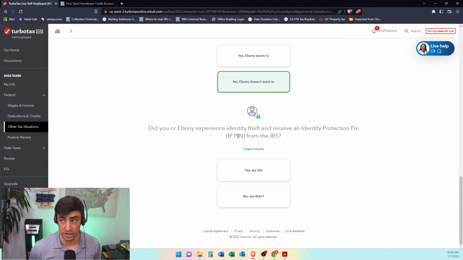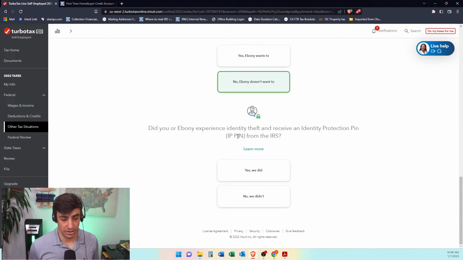So you would need the current year's pin for this, or this thing will not go through. It won't e-file. It's going to get rejected. You need that letter. You need that pin. And if you don't have it, you can call the IRS to get it. It is going to be like jumping through hoops, pulling teeth. It's going to be tough.